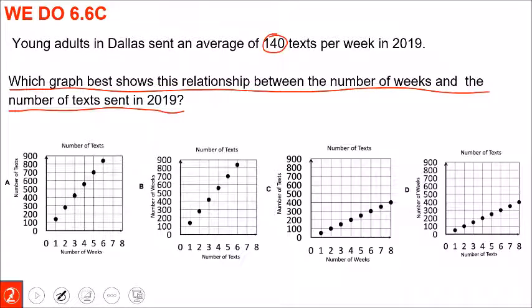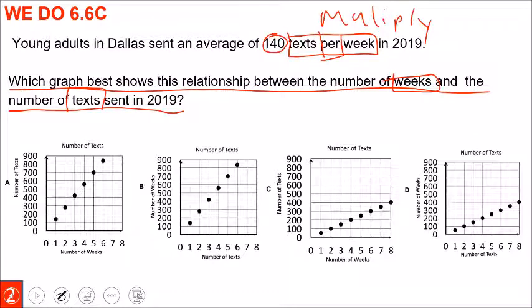I'm going to underline the question, which I did, and then I'm going to box the important words. They have 140 texts per week, so we've got per. Per indicates multiply, so this is multiplicative. The graph shows between the number of weeks and the number of texts.